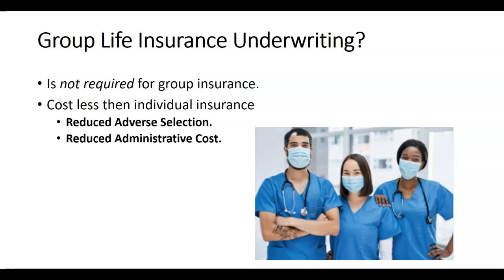With individual insurance, you have a higher premium, but with group insurance, it's less. This also reduces adverse selection as well as administration costs. So that's why the premiums in group life are cheaper than individual life.